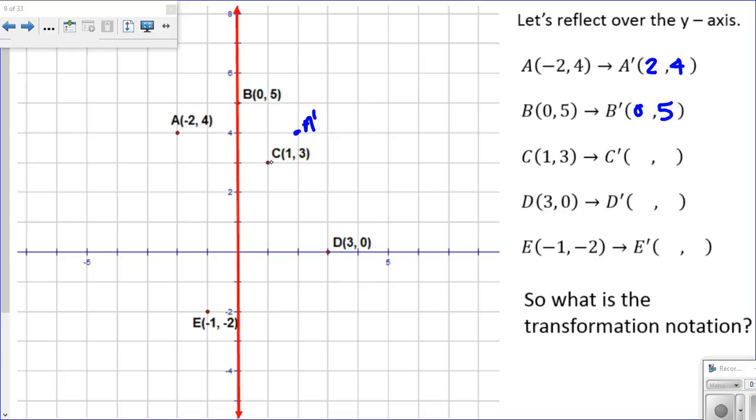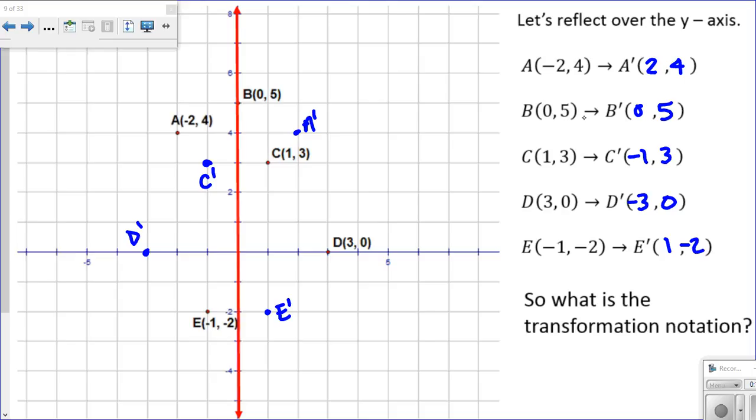C is 1 on the right, so then C prime has to be 1 on the left. So that's -1, 3. 3, 0 is 3 to the right, so then D prime will be over here, which is at -3, 0. And then E is 1 away on the left, so E prime will be over here when you reflect, which is at 1, -2.